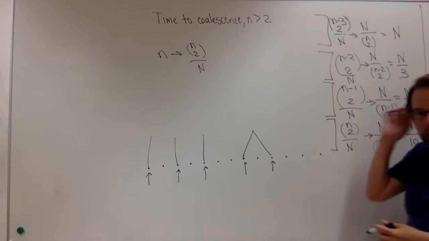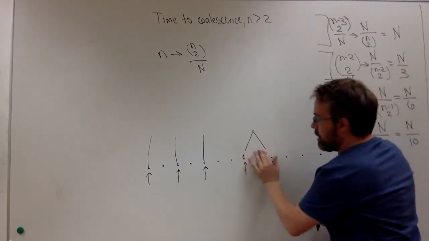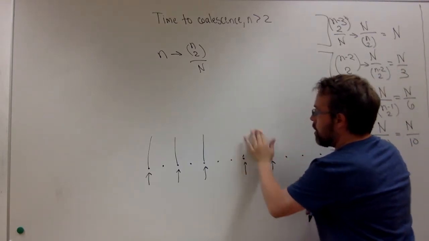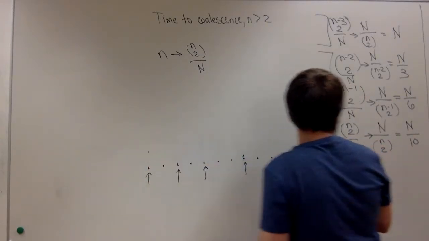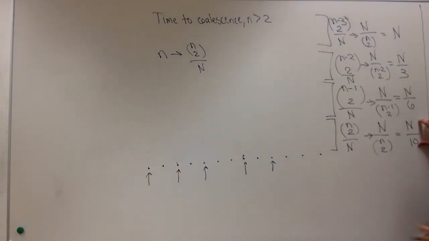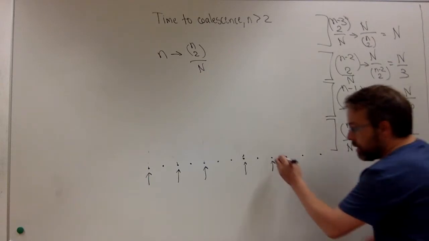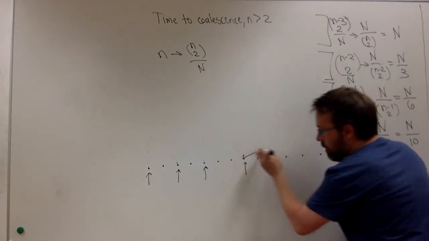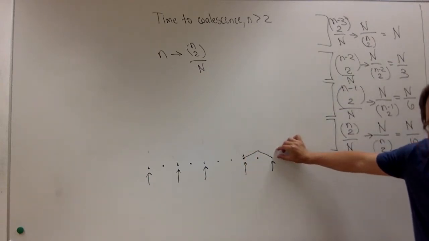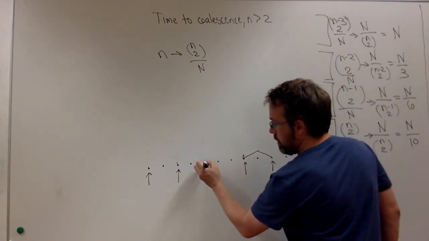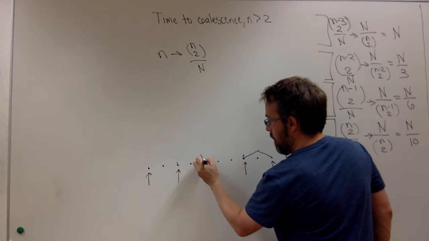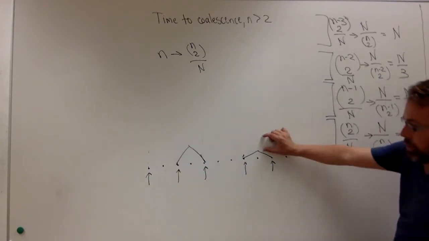So what that means is that if we drew this to scale, our first interval back in time is going to be 10 times as fast. The waiting time is going to be 1/10 as large as our last interval. So if we drew this to scale, this first one would be an inch, and then this next one would be about 1.5 inches, a little bit longer.